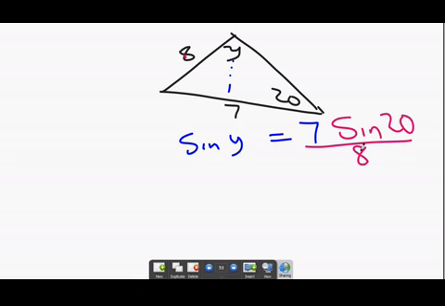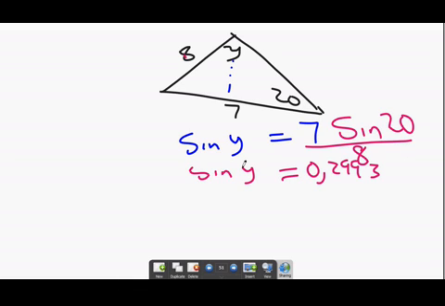You can't multiply the sides together. You have to multiply it with the ratio of the side of the angle, and then divide it by 8. And this I can press in my calculator quite simply: 7 sine 20, close bracket, all over 8. Then this is going to give us 0.2993. I've just rounded off to 3 decimal places, but you don't have to round it off. And then this is sine y.